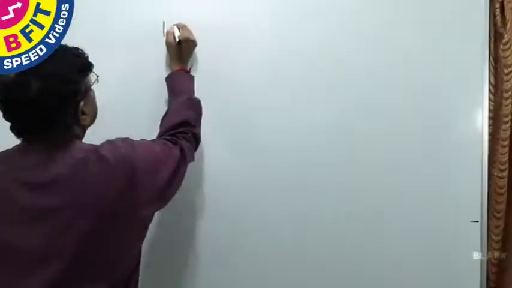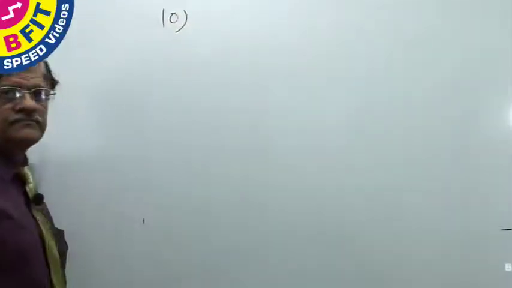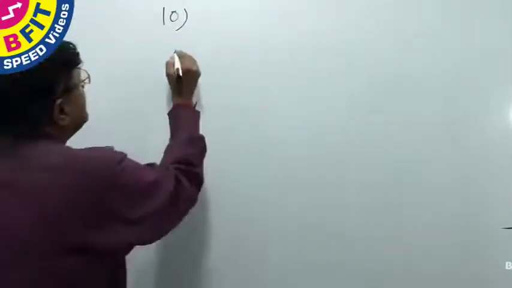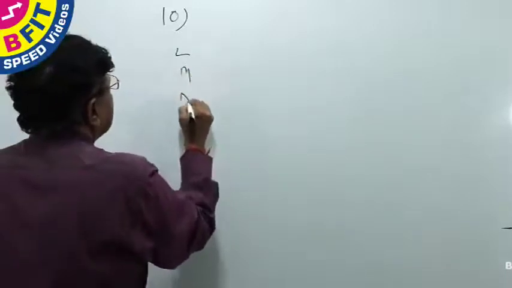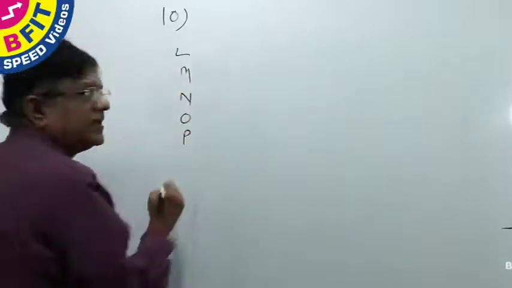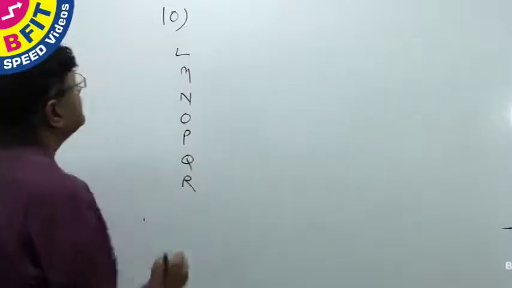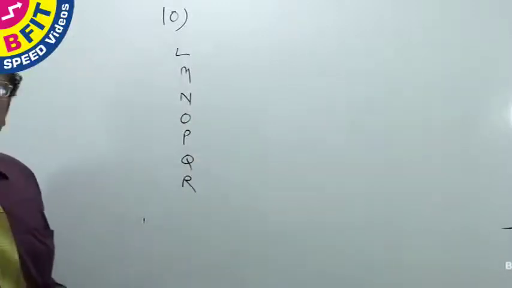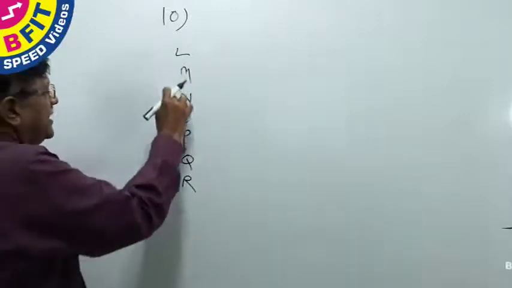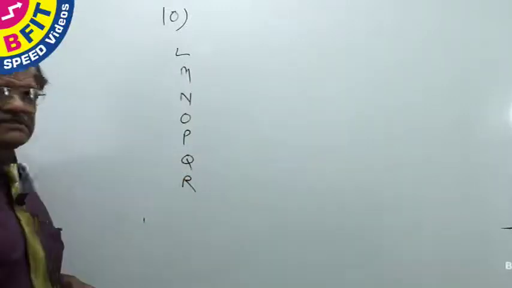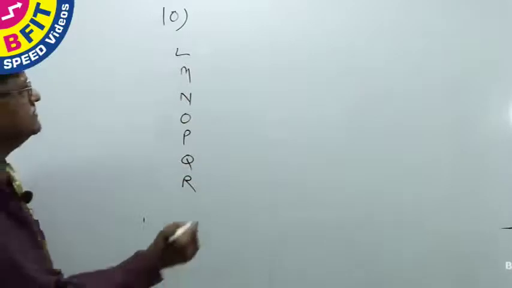Question number 10. L, M, N, O, P, Q and R. One, two, three, four, 5, 6, 7 persons are sitting around a circle.